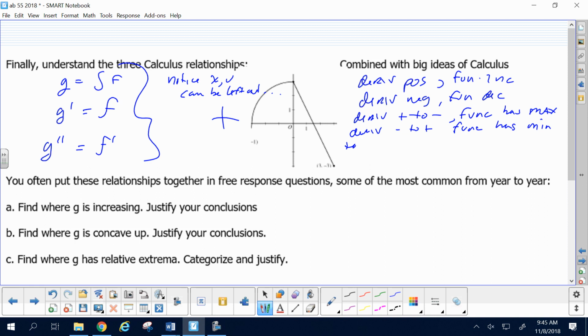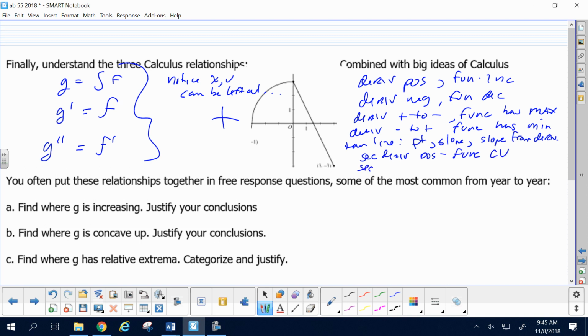To do a tangent line, you need a point and a slope, and the slope comes from the derivative. That's a big idea of calculus. Let's talk second derivative. Where the second derivative is positive, the function is concave up.